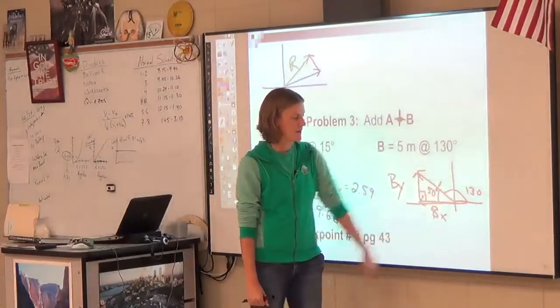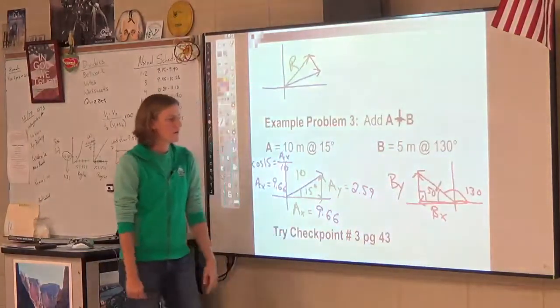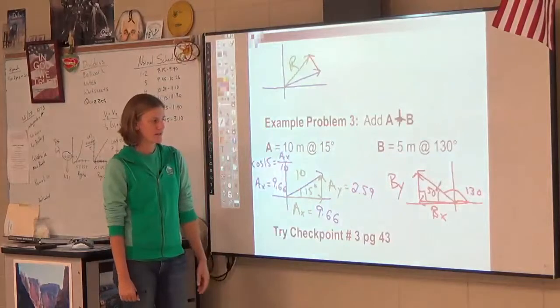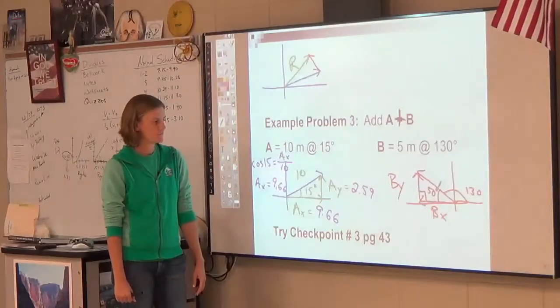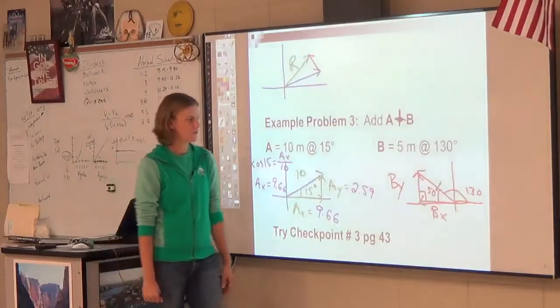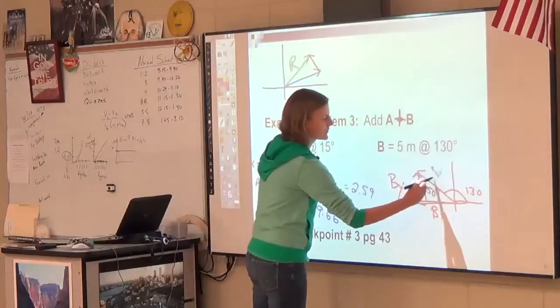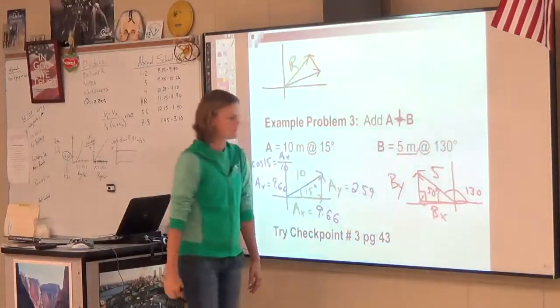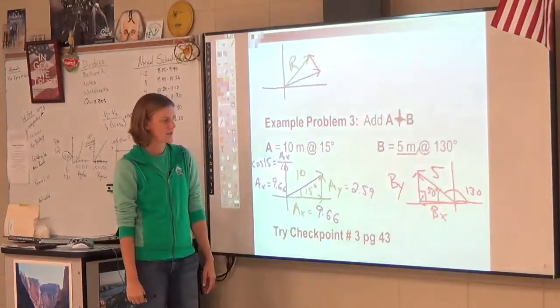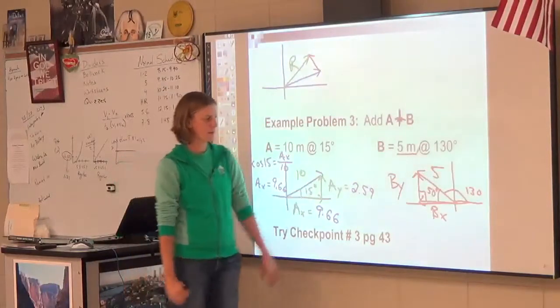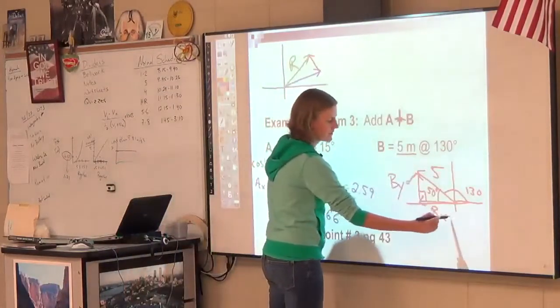You'd just be using a different angle, 40 degrees in that case. So our hypotenuse is, of course, the 5 meters. We're doing sine of 50 times 5 for y, cosine for x.